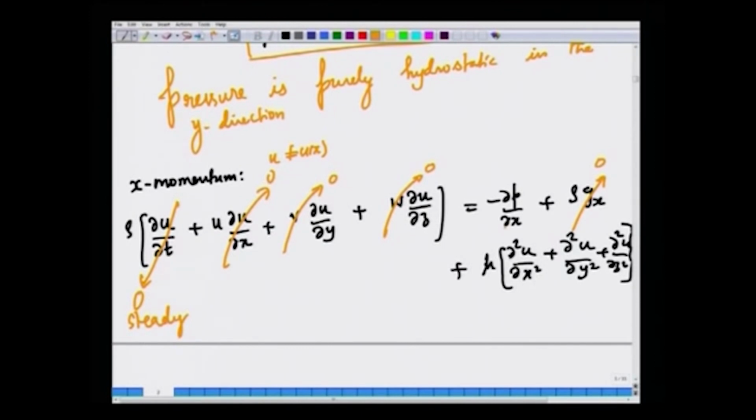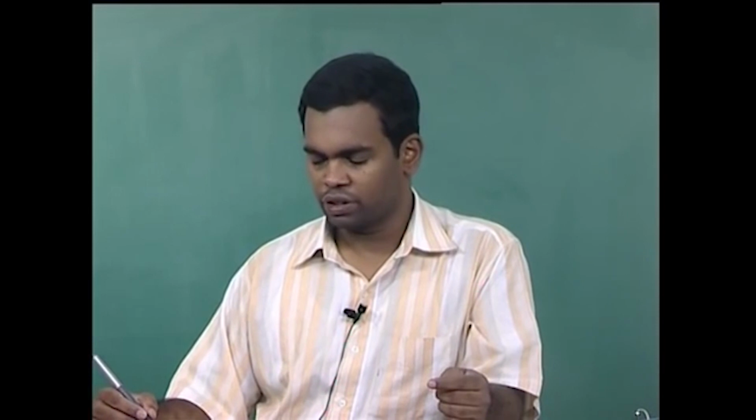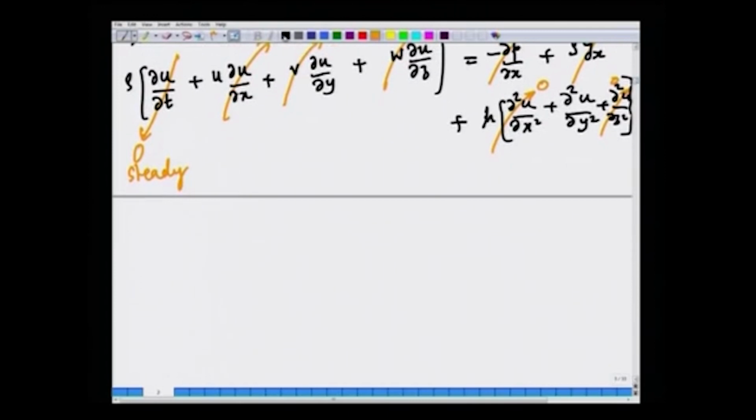Now, the pressure gradient: since the pressure is purely hydrostatic, it is a function of y, and since we are not imposing any pressure difference along the x direction, this is also 0. Now, u is not a function of x, so this is 0, u is not a function of z, so this is 0. So, eventually the x component of the momentum equation simplifies to partial squared u by partial y squared is 0.